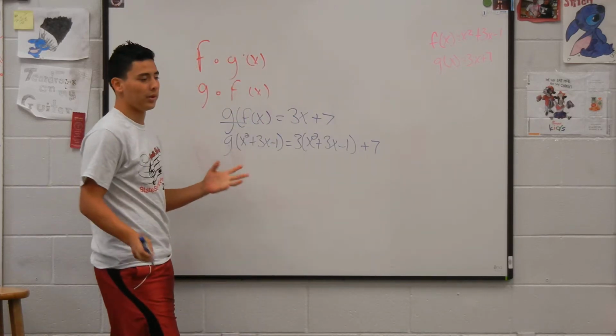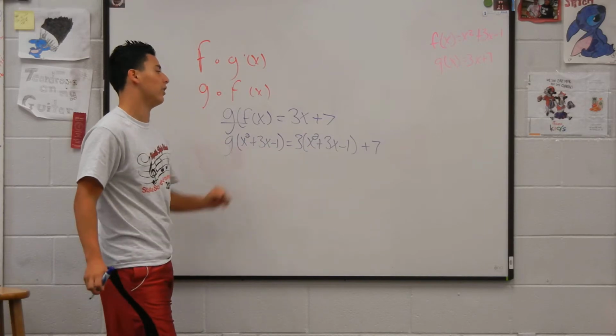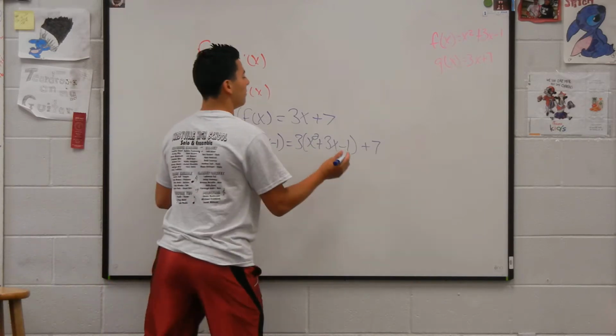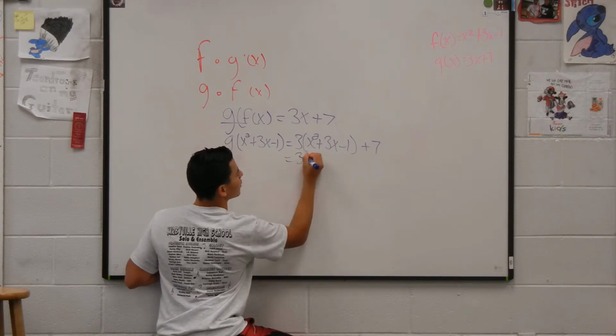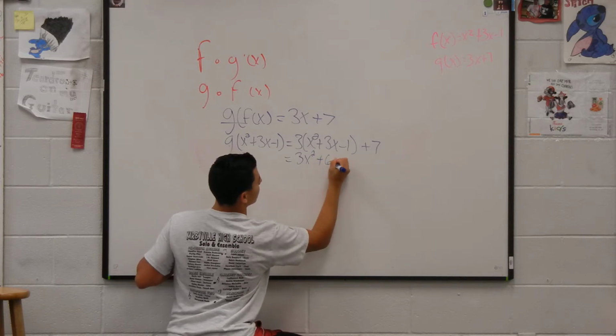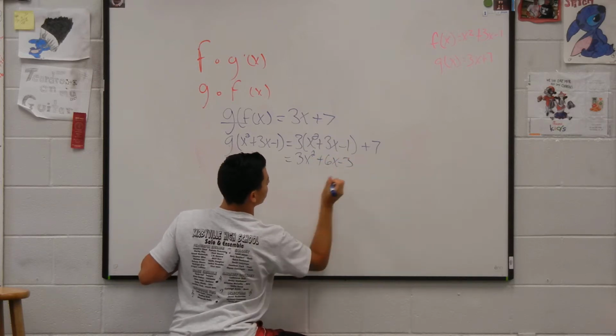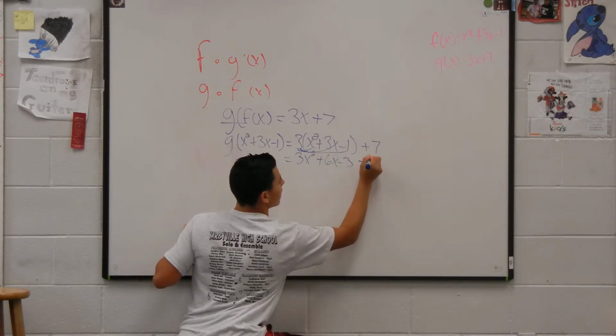It's trickier because you're distributing the 3 with the x squared and the regular numbers. But all you have to do is just solve it like this. 3x squared plus 9x minus 3. Do that right there. And then plus 7.